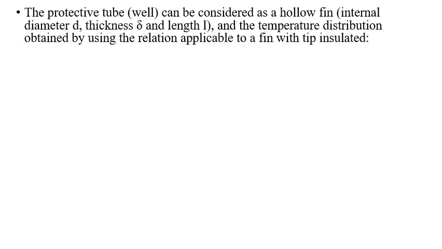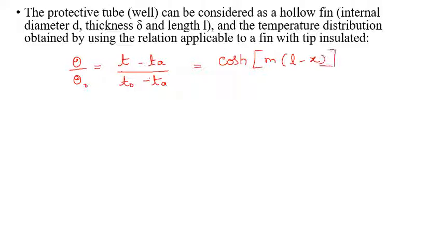Here we are considering this as a fin with an insulated tip, and we know the temperature distribution theta by theta naught is given by the formula (T minus Ta) divided by (T naught minus Ta) should be equal to cosh m(L minus x) divided by cosh mL.